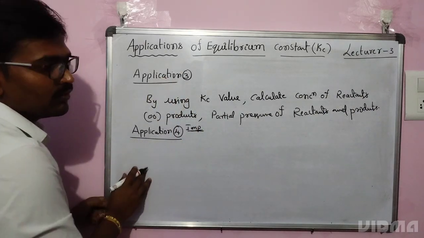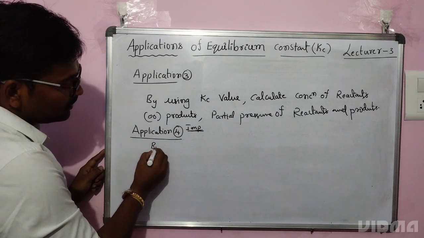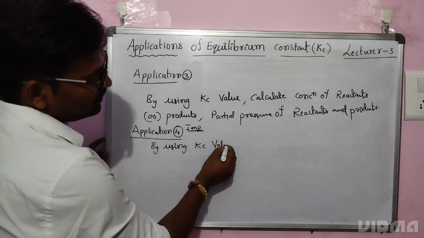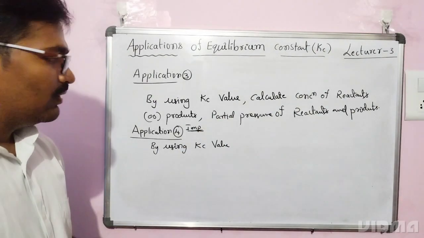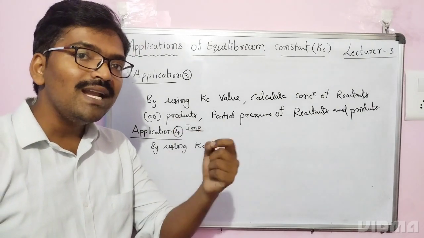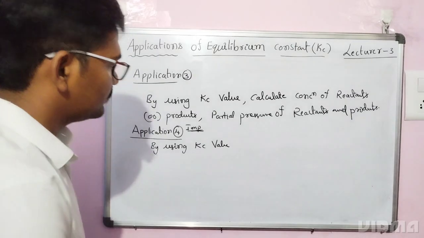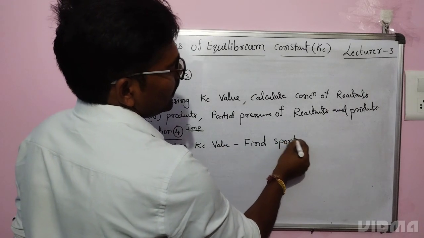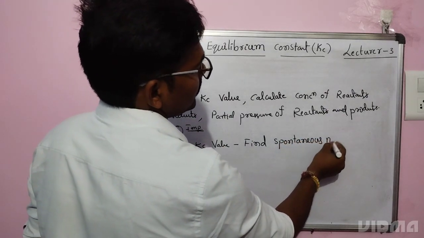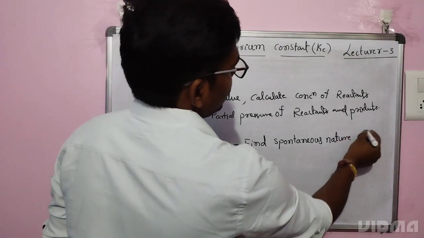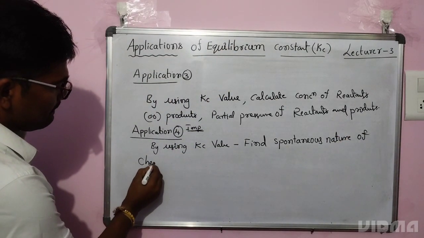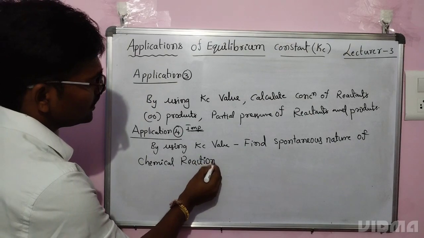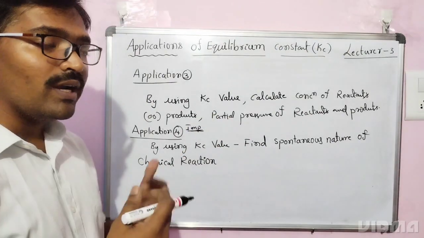Here, by using the Kc value, we can find out the spontaneous nature of a chemical reaction. So how can we find out the spontaneous nature of a chemical reaction?